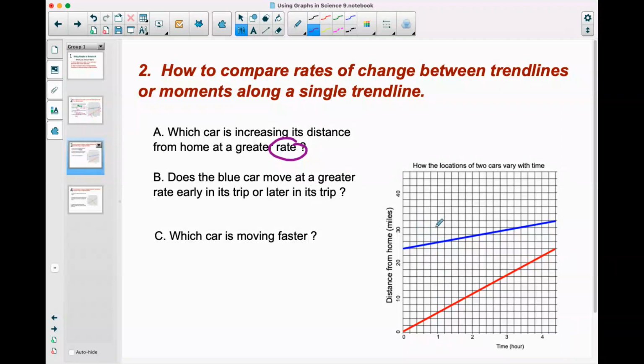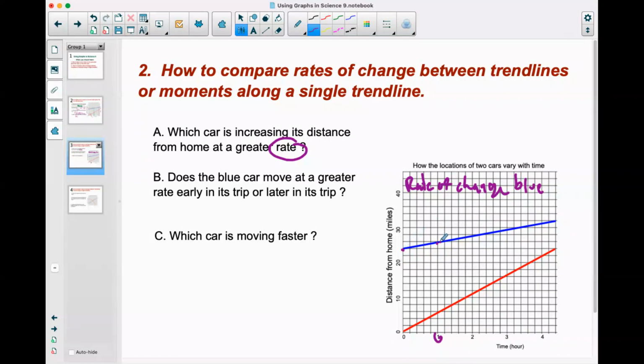Let's compare the rate of change for blue. Blue started at 24, and let's look an hour later, where blue was at about, I'm going to estimate here, 26.